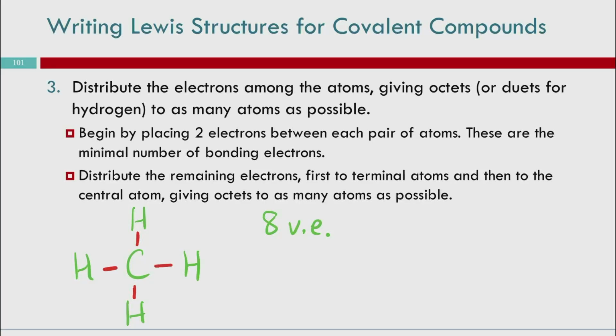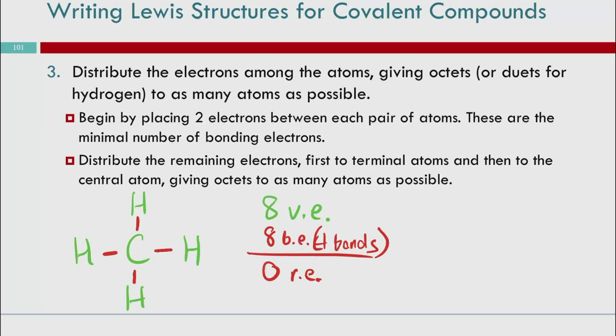Conveniently for us, we've got 4 bonds to connect everything together. 4 bonds is how many electrons? 8. So we've got 8 bonding electrons, and no electrons remaining. So that's all that we would have to do for our structure for methane.